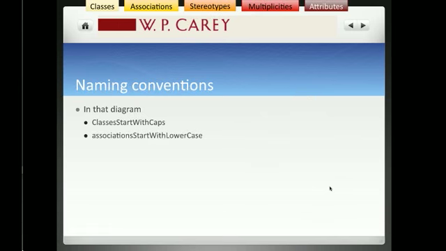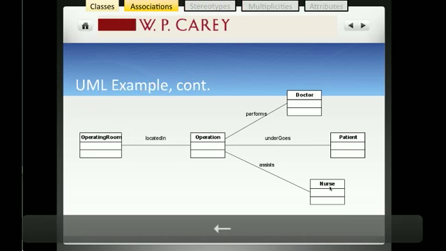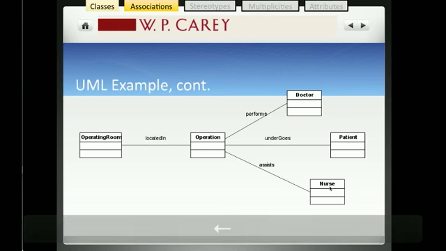In order to make diagrams easier to understand, it's good that you start learning the correct naming conventions for each of the different elements. Recognize that classes start with uppercase letters and associations start with lowercase letters. I'll move back to the diagram itself so you can see how we've implemented that.